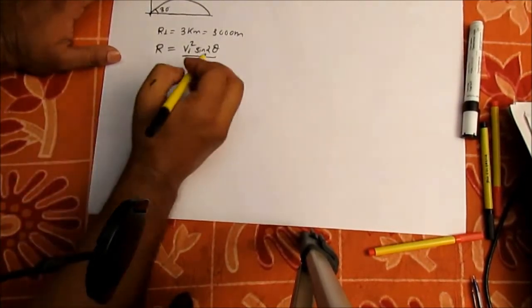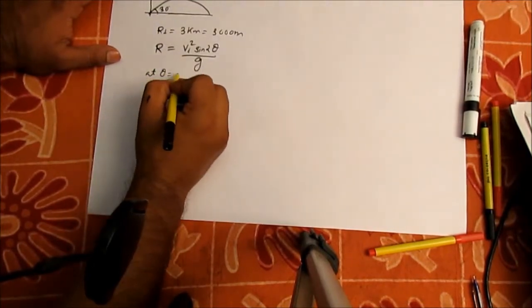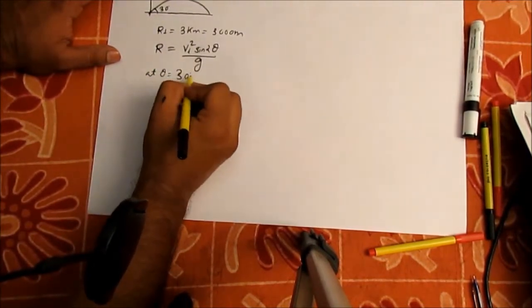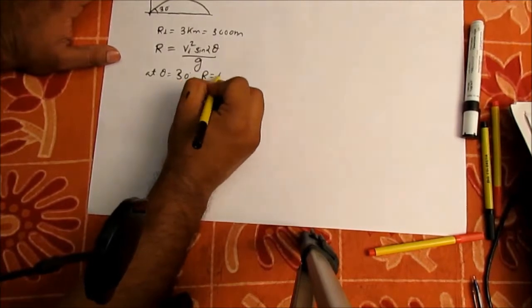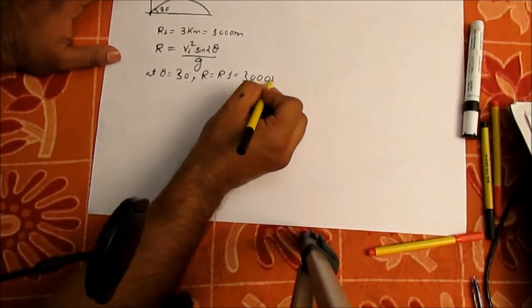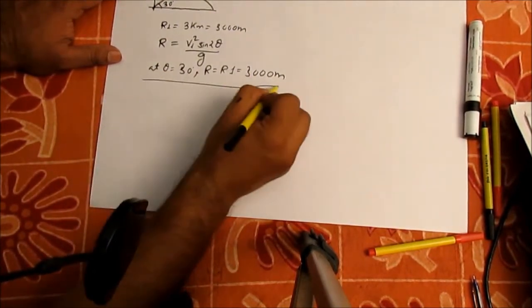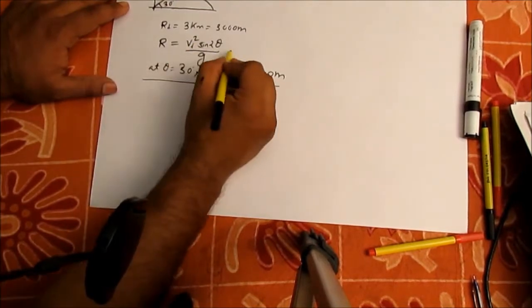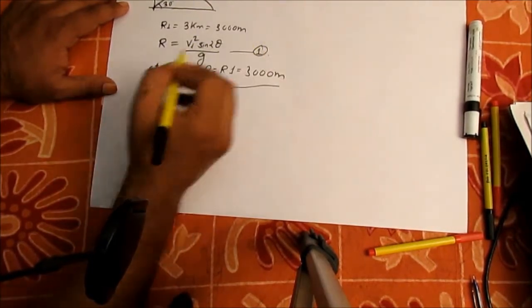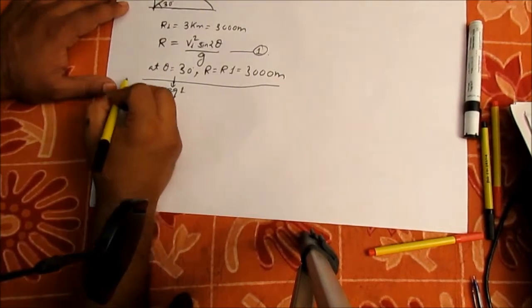So at theta equal to 30 degree, R is equal to R1 is equal to 3000 meter. I will put this as equation number 1.